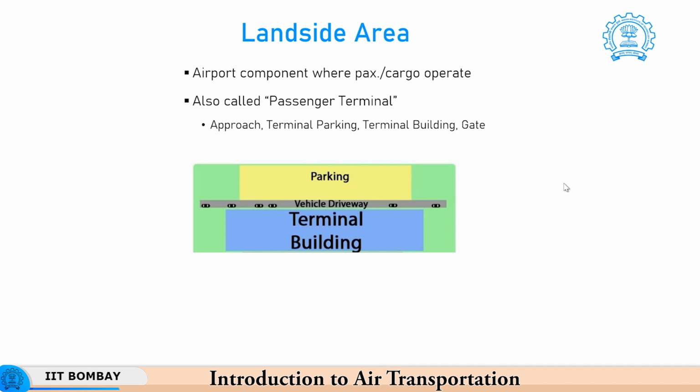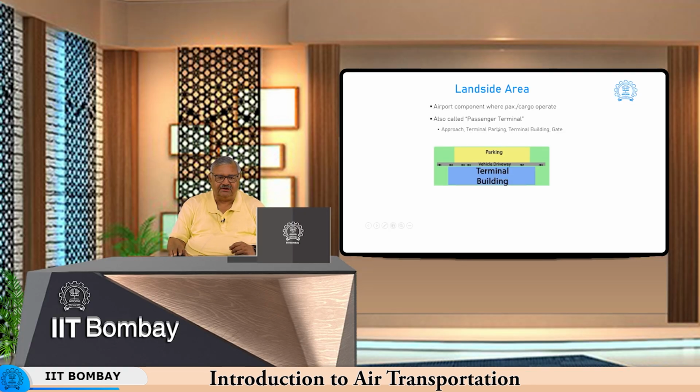So, it consists of the approach to the airport or the approach roads to the airport, the terminal parking where the vehicles are parked which come to receive the passengers or to drop the passengers, and the terminal building where the passenger enters for the check-in counters, for the security, and if it is international, for the customs.